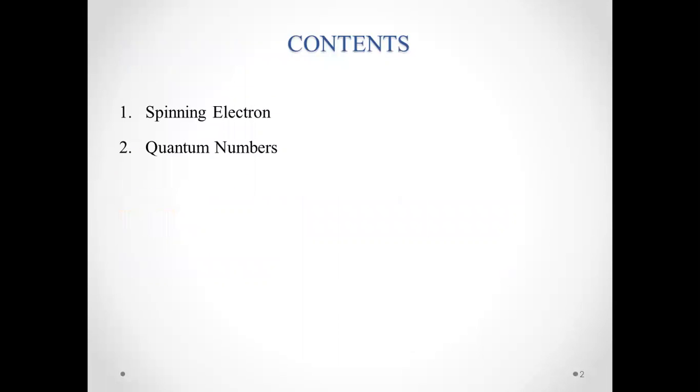The contents of this session are the spinning electron, and secondly, using both the idea of space quantization and the knowledge of the spinning electron to define the different quantum numbers.